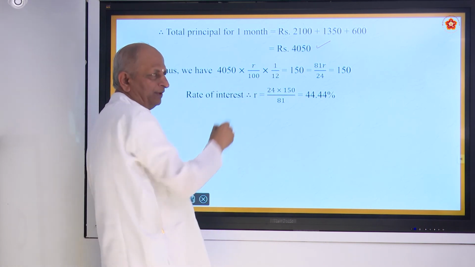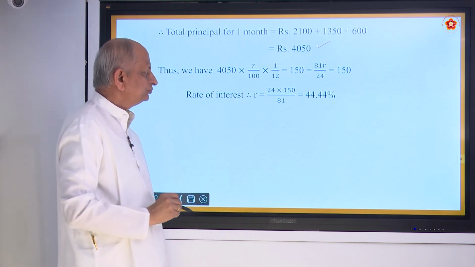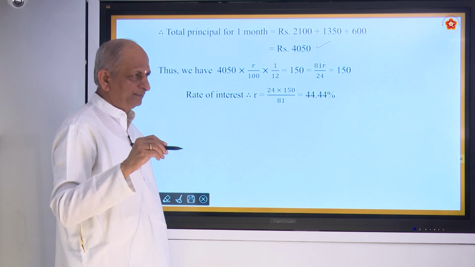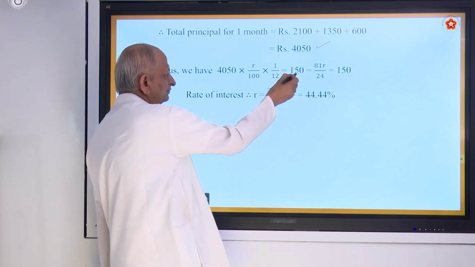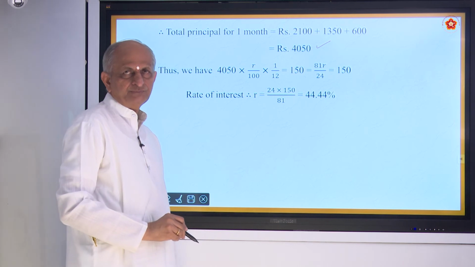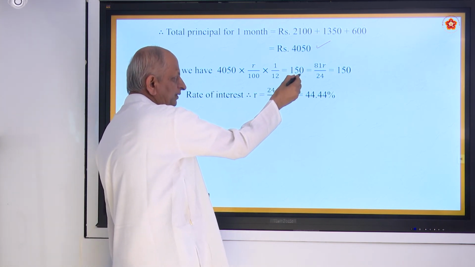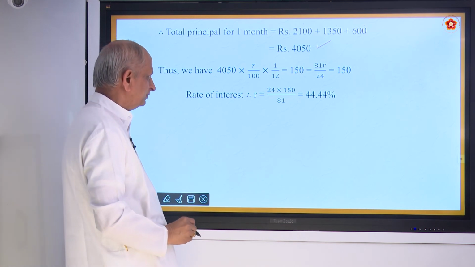T is 1 month, 1 by 12. R is R by 100, you don't know. Now, as we are buying in installments, he is giving an extra 150. So this is the interest you are getting for 150 rupees. So what is the value of R is the question.